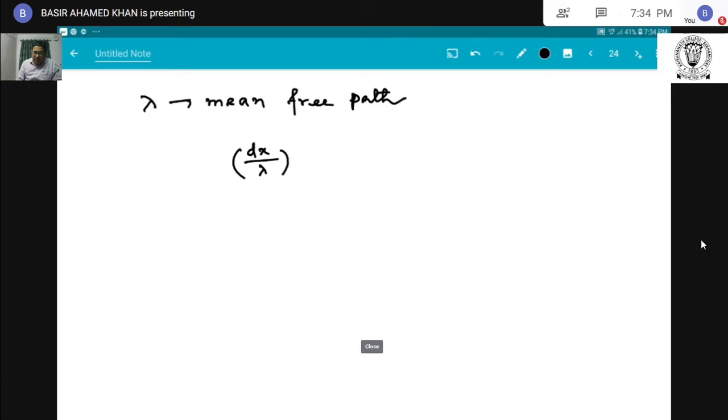This is the probability of occurring a collision in the path dx. So this is dx by lambda.